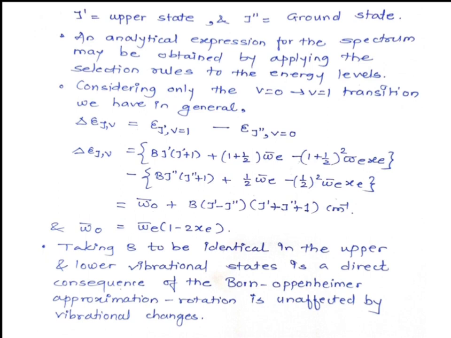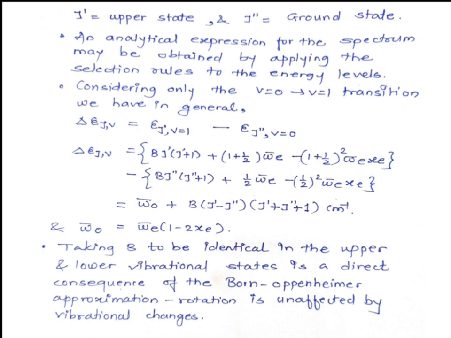In the last lecture we have seen the omega bar 0 value. It is an oscillation frequency and that will be given by omega bar E in a bracket 1 minus twice Xe. So for the fundamental absorption, consider we have taken the ground state to the first excited state transition, V is equal to 0 to V is equal to 1. What we learnt in the last lecture is that the transition from the ground state to the first excited state is called the fundamental absorption.